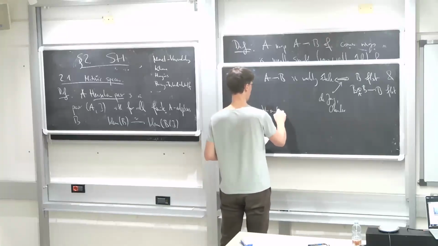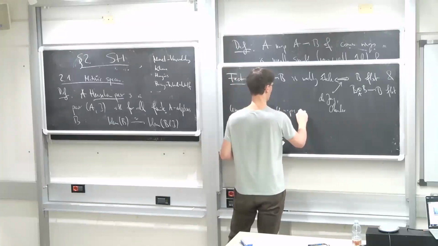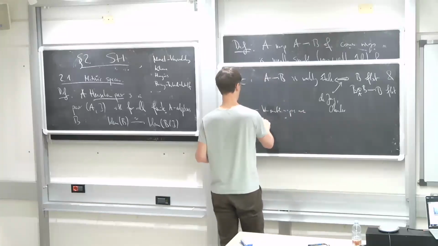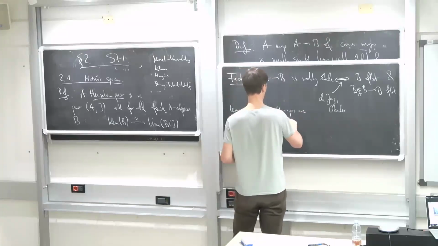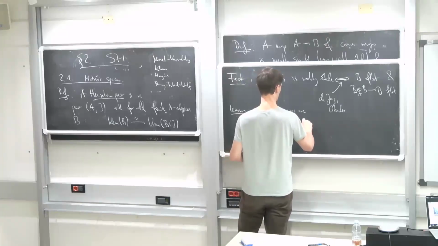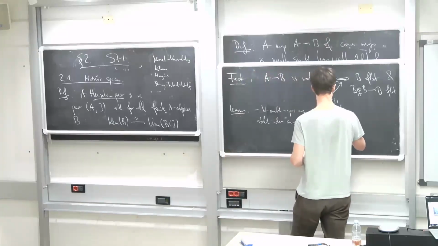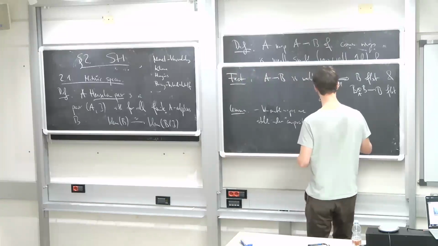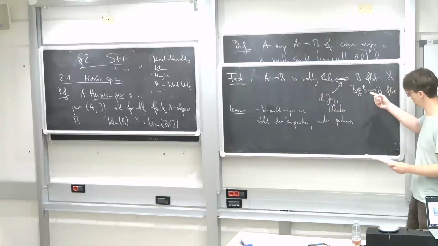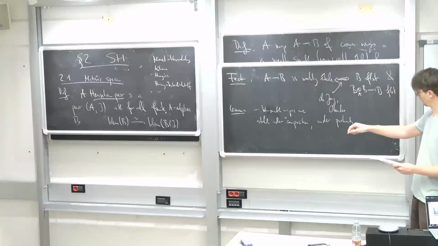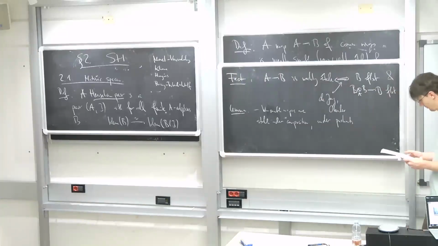W-smooth maps are stable under composition and also under push-outs. By that I mean if I have a weakly smooth map and I take some other ring map, then the push-out is again going to be weakly smooth.